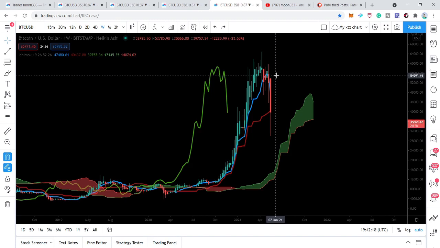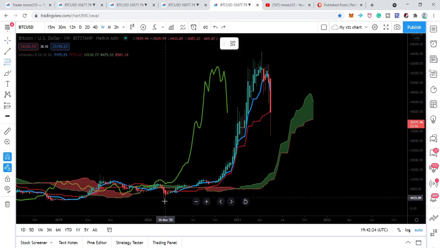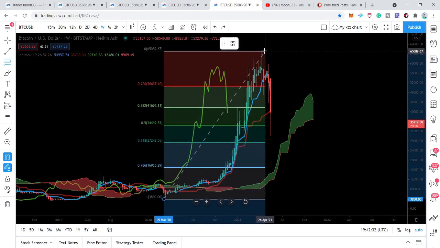And we have already seen in my previous video that the price action of Bitcoin went very close to the golden pocket. I'm just placing this Fibonacci tool from the low of March 2020 up to the highest price of April 2021.